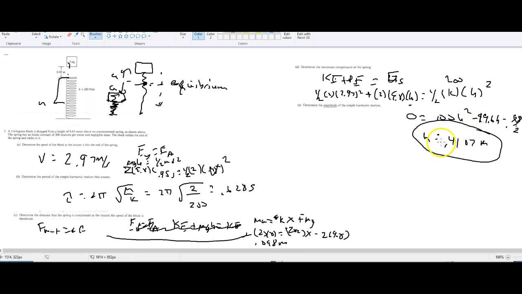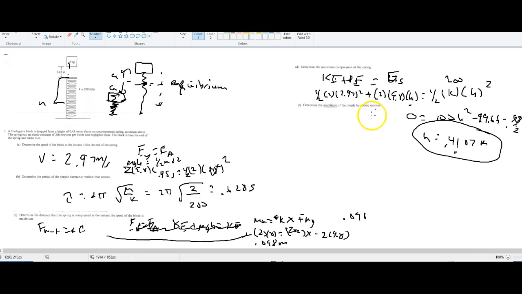What's the amplitude of the harmonic motion? Well, if you think about it, we just solved to get this problem done that has 0.098 as the equilibrium point. So this thing is going to go down that far, so it's going to oscillate how much? 0.4107 minus 0.098.